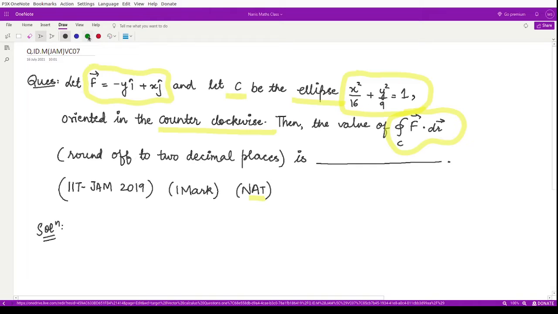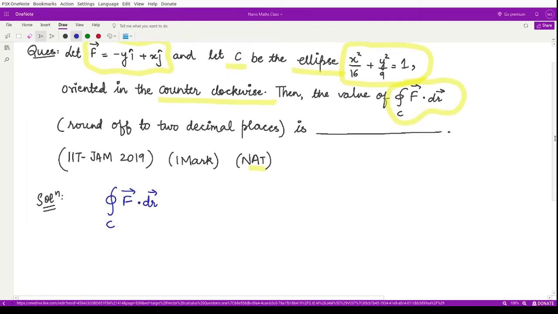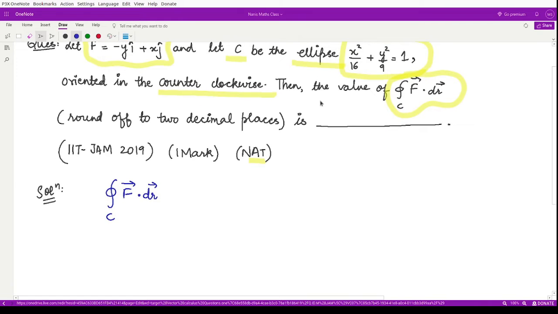So in this solution, we are to calculate this line integral over this given ellipse C, and we are asked to calculate f dot dr. Now first of all, let us visualize this curve C. How does it look like? All of you know how to draw this ellipse, right?